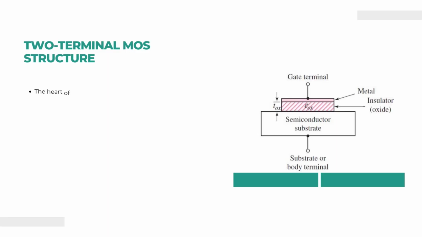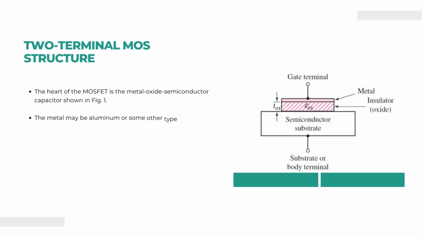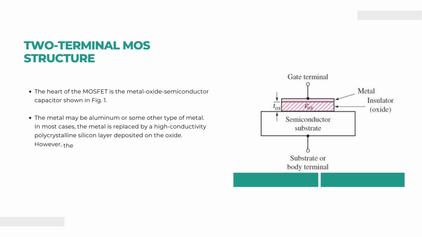So, moving forward towards the two-terminal MOS structure. The heart of the MOSFET is the metal oxide semiconductor capacitor shown in this figure. As I have told you, MOS stands for metal oxide semiconductor.